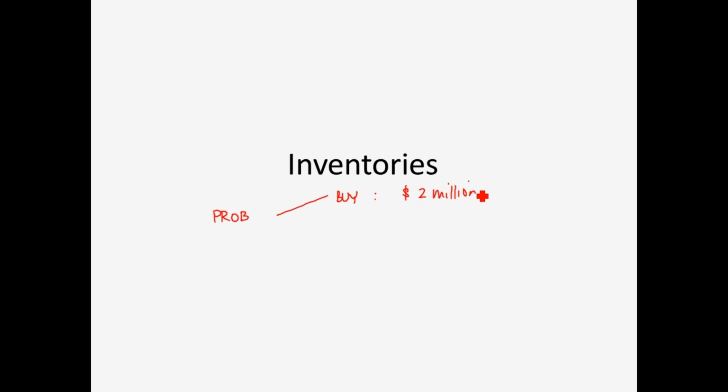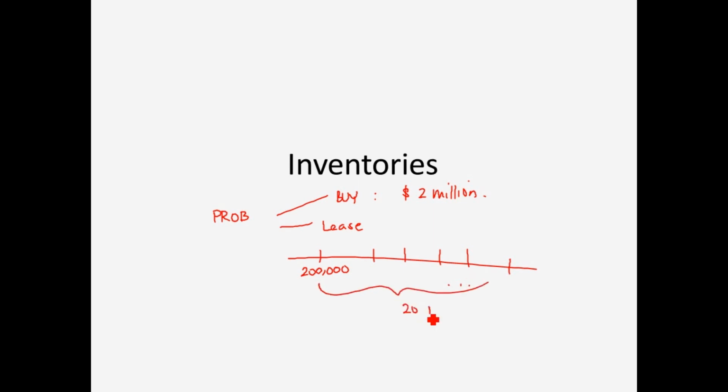There was lease 1, which was basically you start making payments immediately: $200,000, and you make 20 of those. So 20 payments. In nominal terms, how much cash am I paying? $4 million.